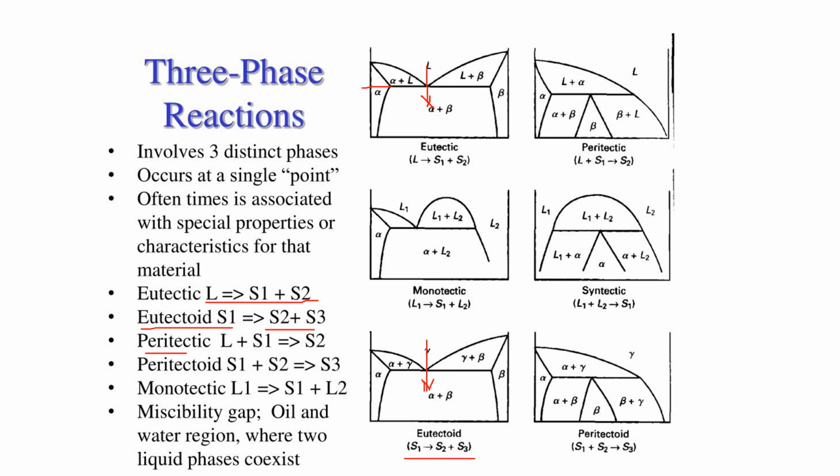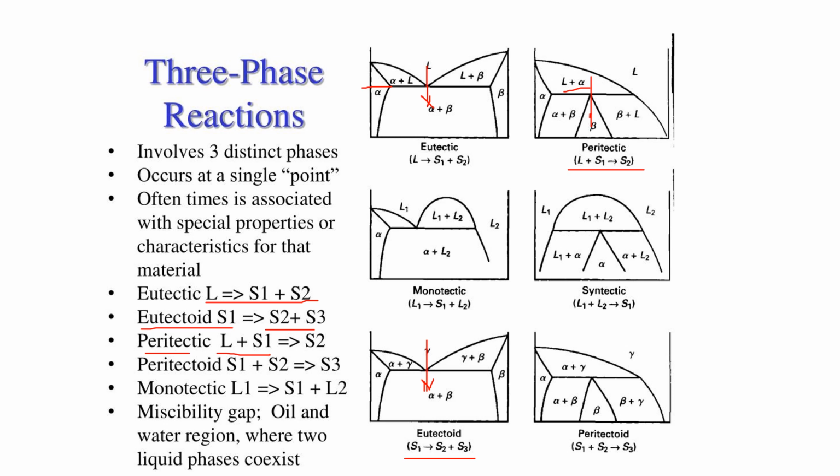Peritectic reaction, in which one liquid plus a solid combine to form another solid, which is beta. This is the peritectic reaction.